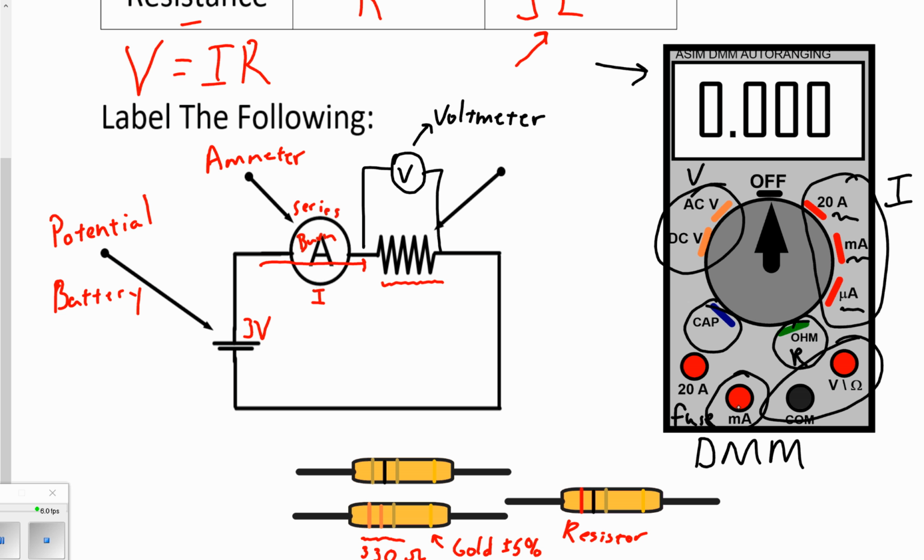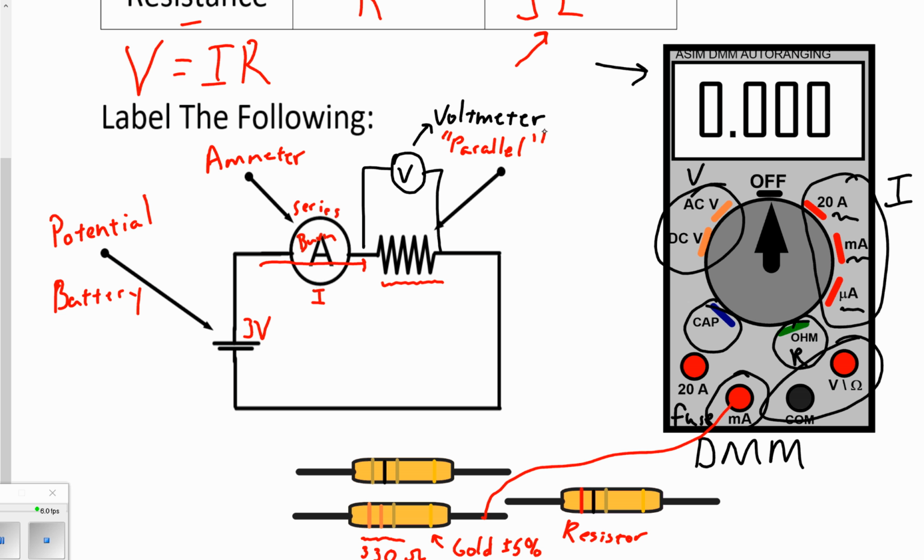So the deal is, if you want to use this ammeter, you literally need to have one lead of the ammeter connected in series with this resistor. This resistor will kind of defend your meter. The voltmeter, on the other hand, can be what we call connected in parallel.